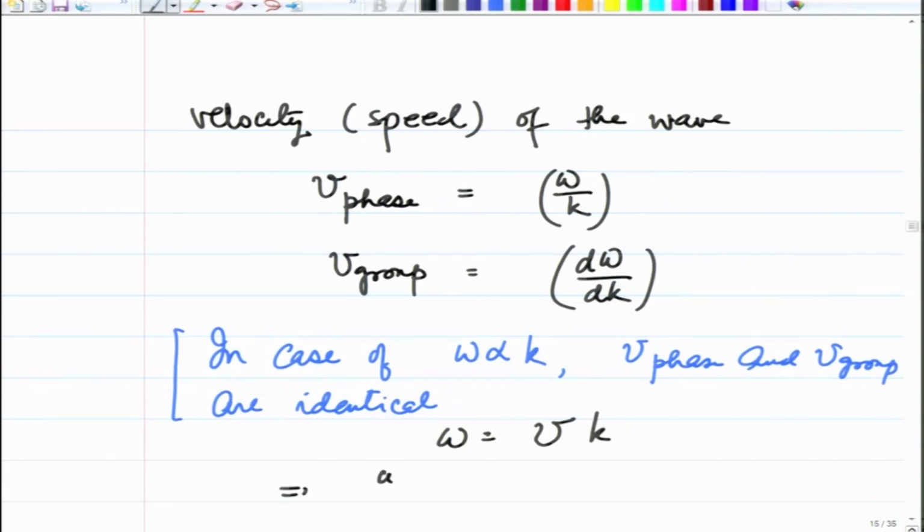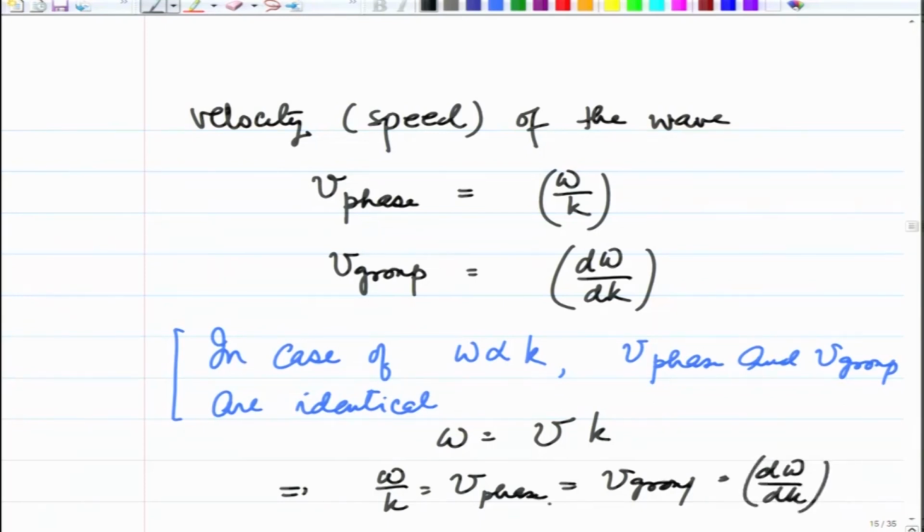Then omega over k is V phase, and this is equal to V group, which is d omega dk. So phase velocity and group velocity are the same for each frequency, whereas if the dispersion is other than linear, then they change. The velocity being the same for each frequency means you can hear the same sound no matter what distance you are standing at. It does not come with a delay for different sounds.